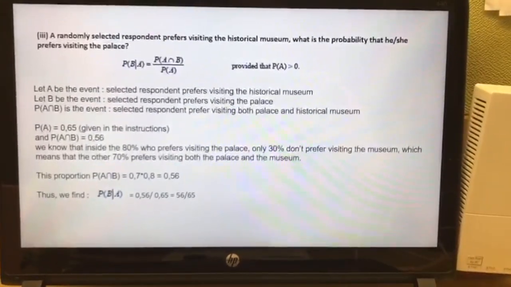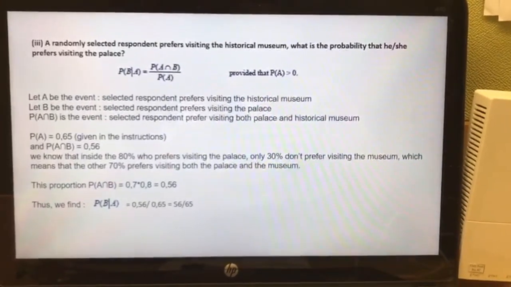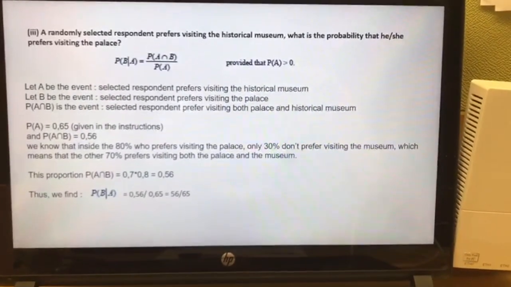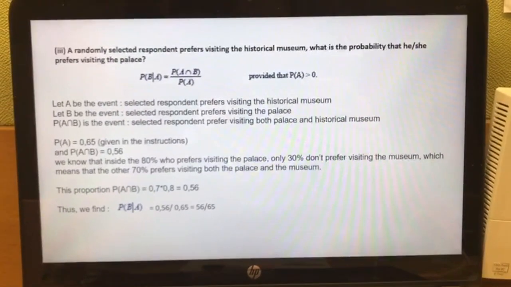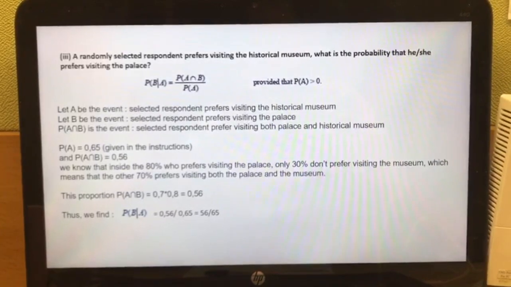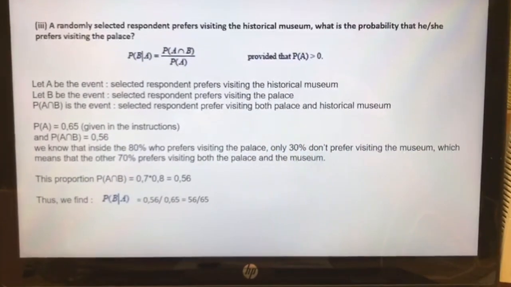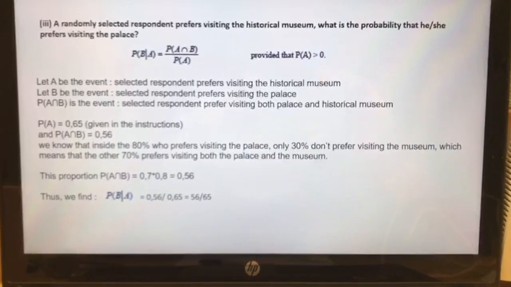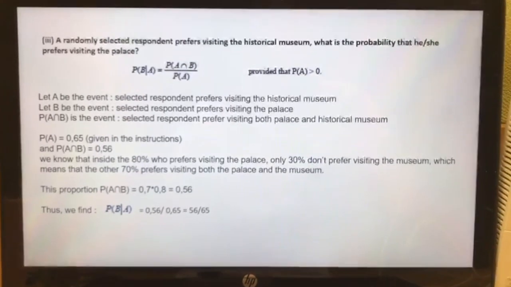It comes from the fact that inside the 80% who prefer visiting the palace, only 30% don't prefer visiting the museum, which means that the other 70% of the 80% prefer visiting both the palace and the museum.